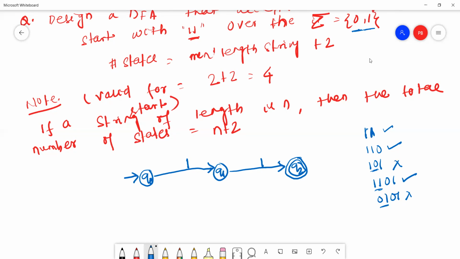So that's why we will require one more state. This is called the dead state, QD. What is the meaning of dead state?